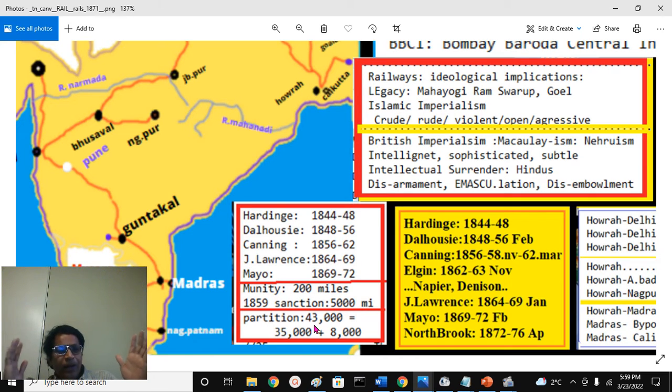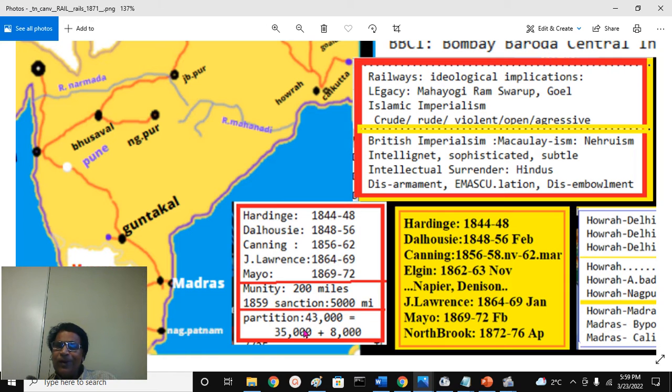When the British left India, there were three railway systems which were very sophisticated, very developed, on planet Earth. One is the European railway system, another is the North American railway system, predominantly the United States, Canada and Mexico. Third is the South Asian railway system, that is India, Bangladesh, Pakistan.